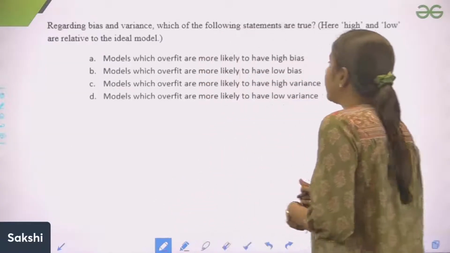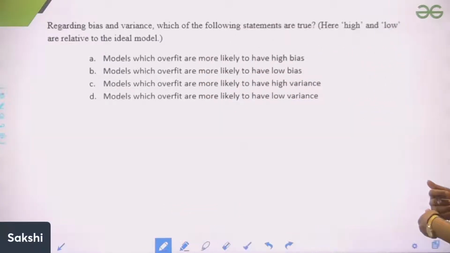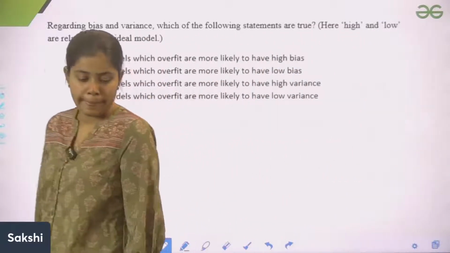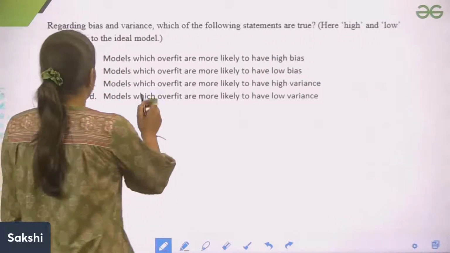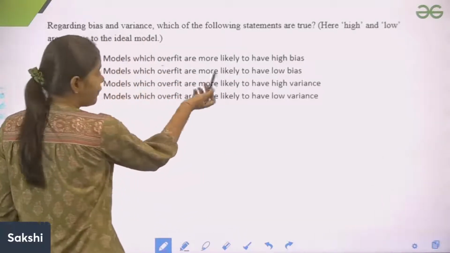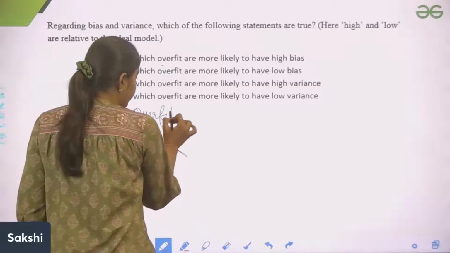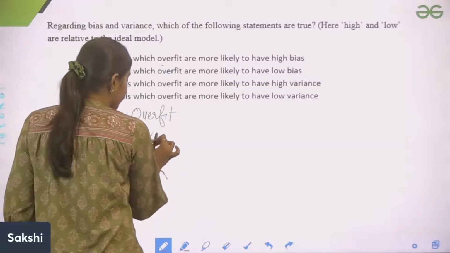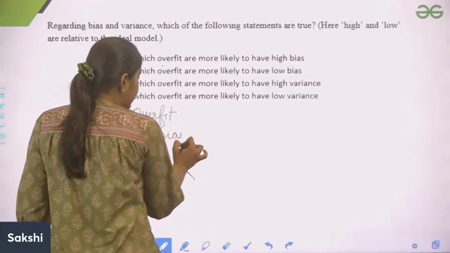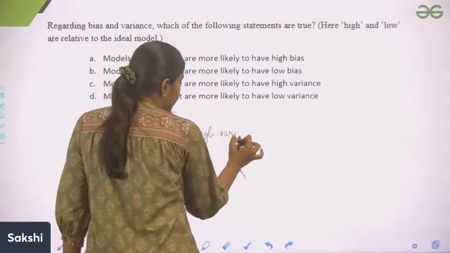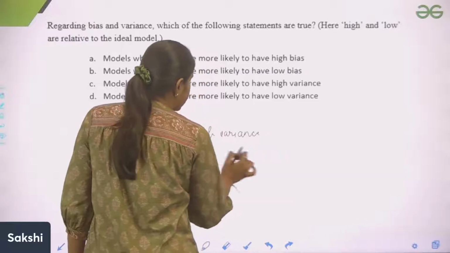This is another question regarding bias and variance. Which of the following statements are true? This is a simple question, right? So we know that bias and variance. They are asking about the model which overfits. What does it have? The model which overfits has low bias and high variance, because it only works on training data. It does not give us good results on testing data.